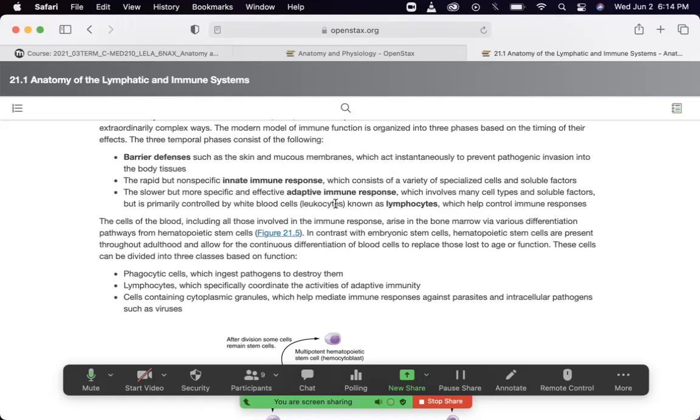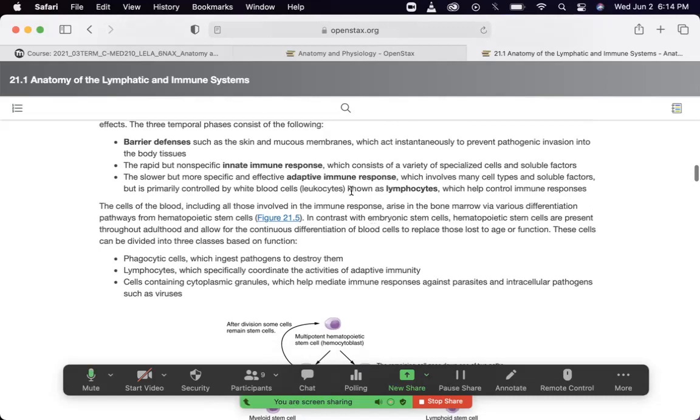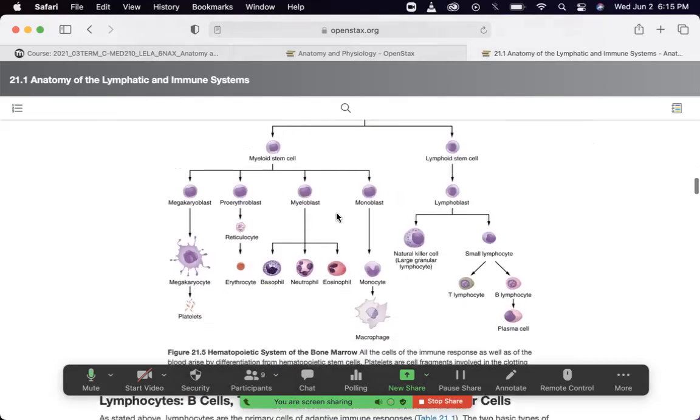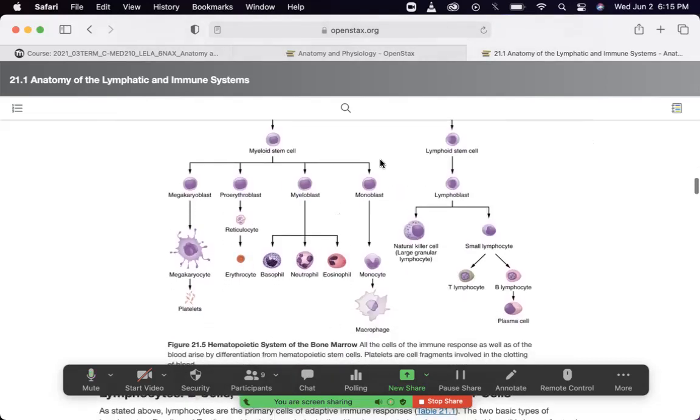So we're going to be looking at white blood cells, right, also known as lymphocytes, and of course some of these soluble factors and how do they adapt to a potential pathogen. So one lovely chart, which is beautiful, is this chart right here.